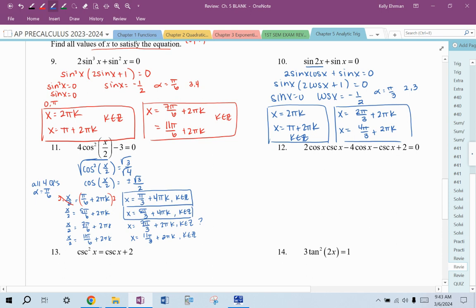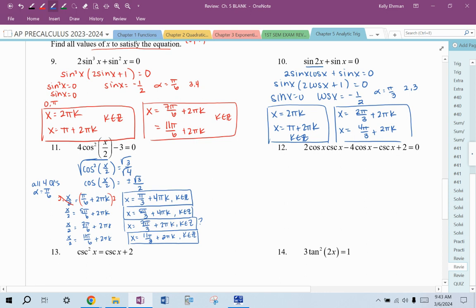I think, let's see, let's make sure that's right. So if we add 12 pi k to pi over 3, you get 13 pi k over 3. Oh, maybe not. Maybe we do need to still include these. I need to think on that more. If we're just going from 0 to 2 pi, then these are our solutions because we're outside of the 0 to 2 pi realm. But let's see.